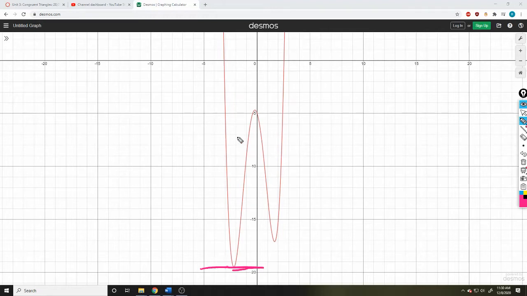So that means a max or min, horizontal tangent, that means a max or min has to be at a critical point. Which, remember, just means that the derivative is 0 or does not exist. Usually 0. So we're going to look for our critical points.